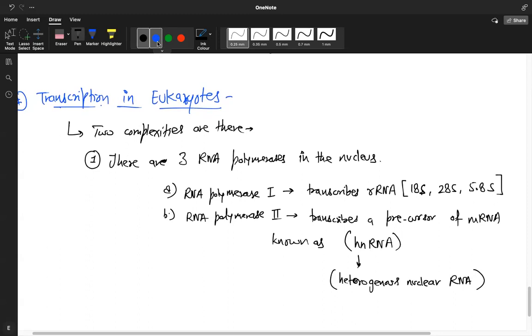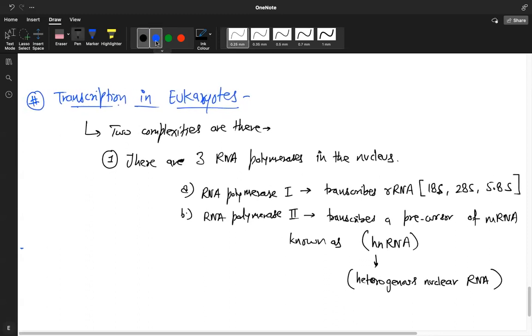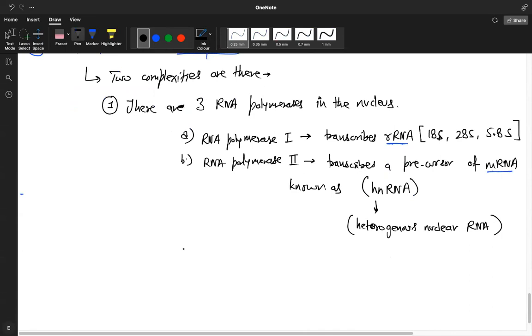So you see that in prokaryotes, all the three important RNAs, mRNA, tRNA, and rRNA, were transcribed by the same polymerase. Here, rRNA is transcribed by polymerase 1, mRNA in a way is transcribed by polymerase 2, and the third one, you can guess now, is called RNA polymerase 3.